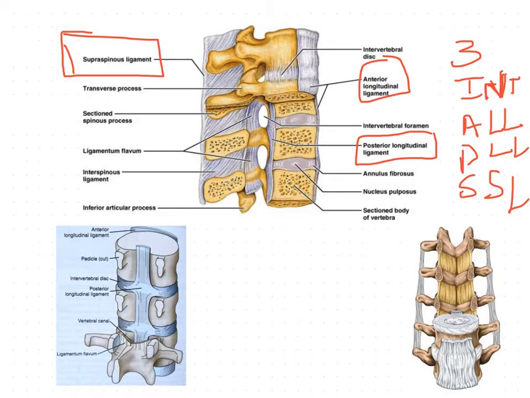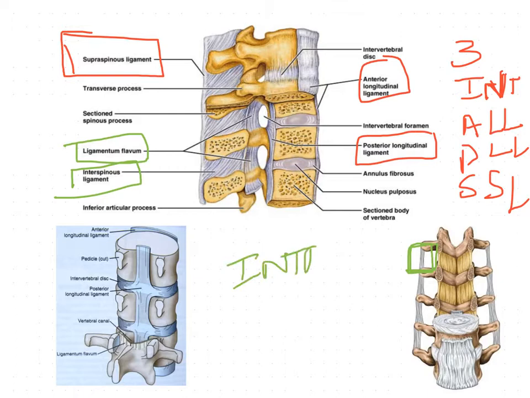Okay, next the other three ligaments are the intrasegmental ligamentous system. What are they? One is the ligamentum flavum, and another one is the interspinous ligament. So here you can find the intertransverse ligaments. These three ligaments come under intrasegmental system.